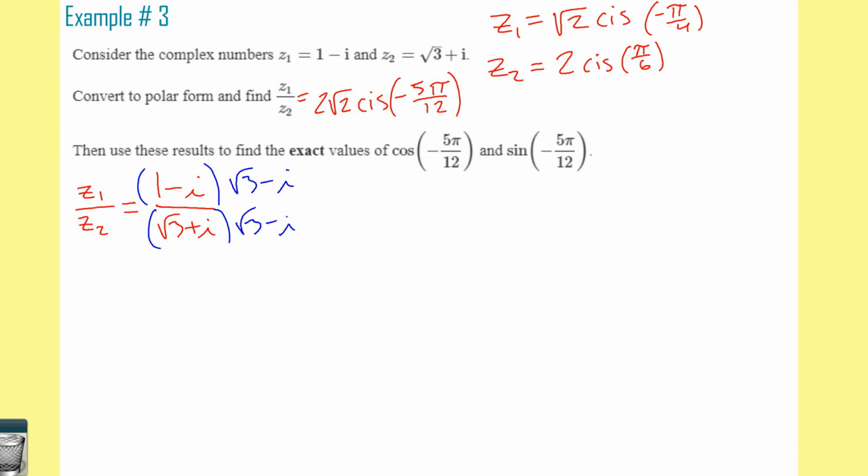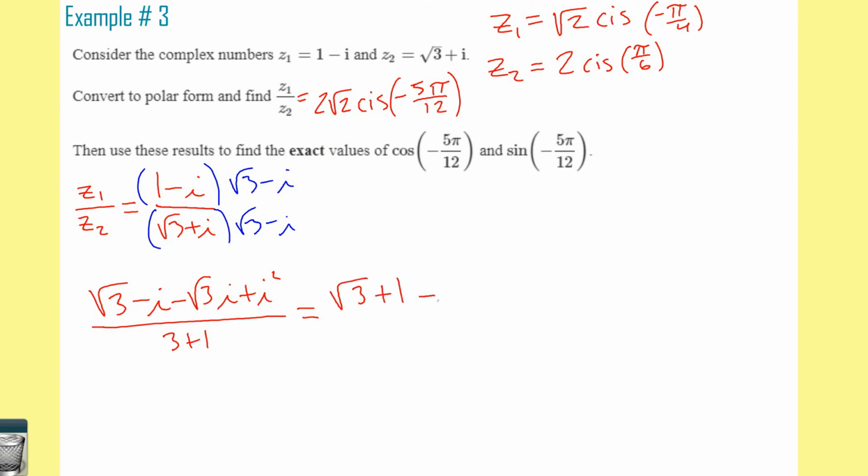So when we do that, we end up with the square root of 3 minus i minus the square root of 3 i plus i squared, all over 3 plus 1. What if I put the imaginary stuff together and the real stuff together? So we'd have the square root of 3 plus 1 minus i square root of 3, all over 4.